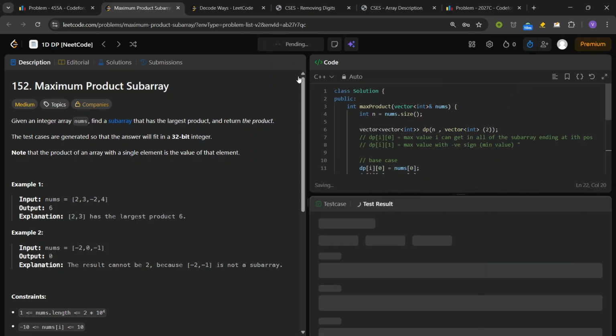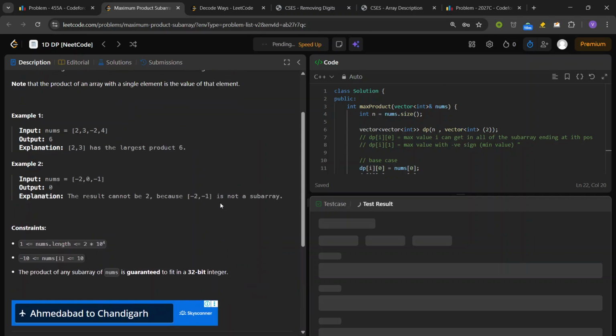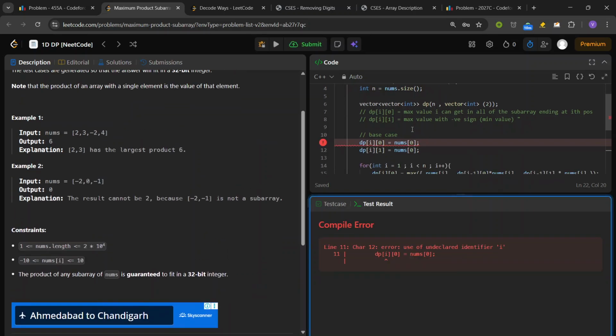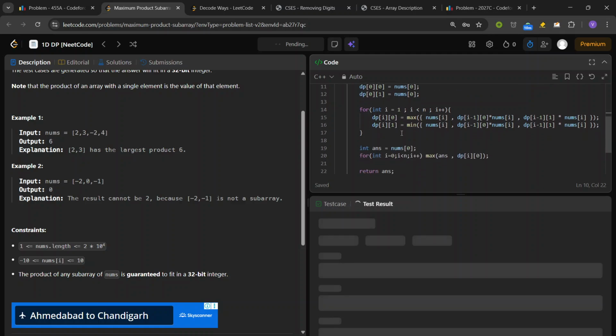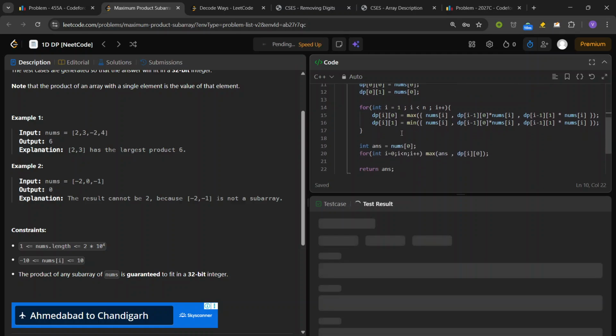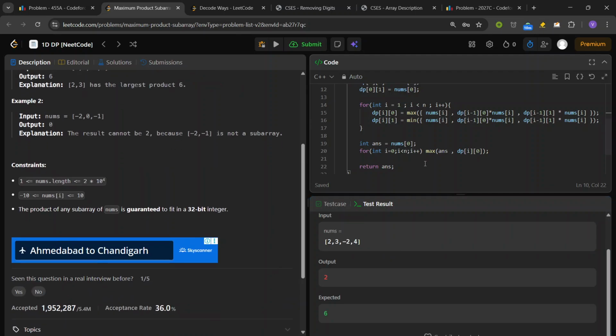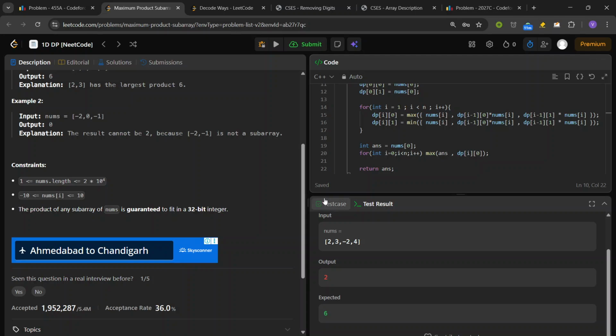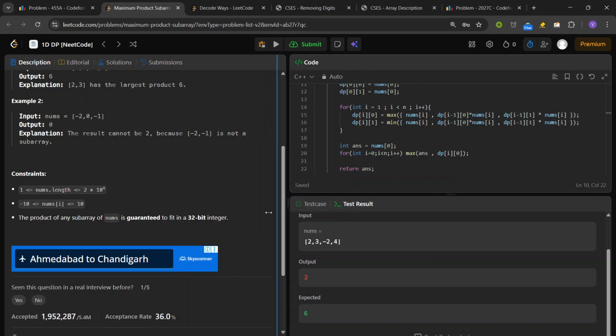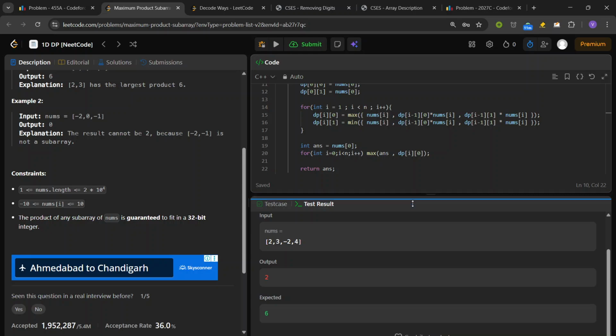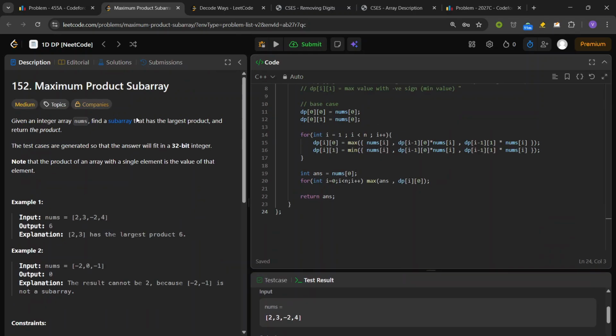Okay, I hope that is correct. Okay, I made some mistake here. It was 0, not I. Yeah, it was the first 0th element. Okay, I got the wrong answer. How is this possible? I did some error here.